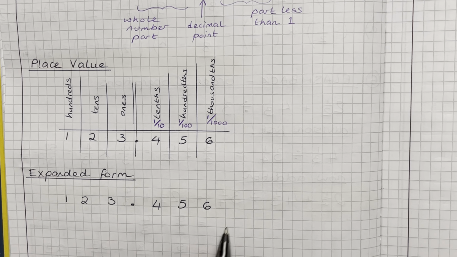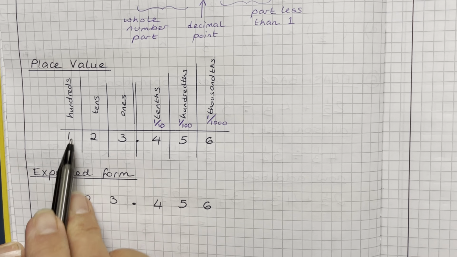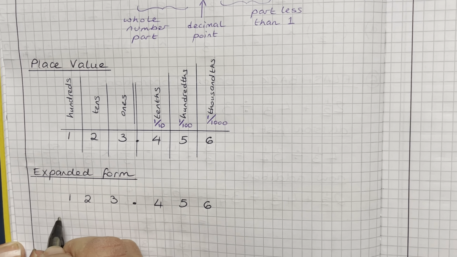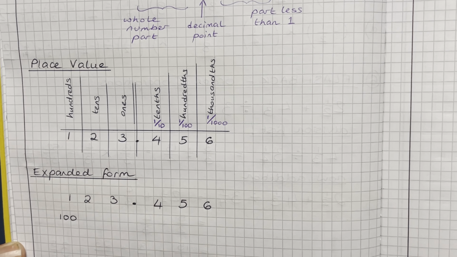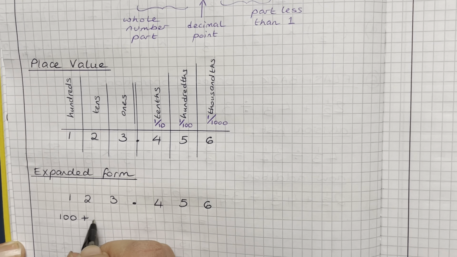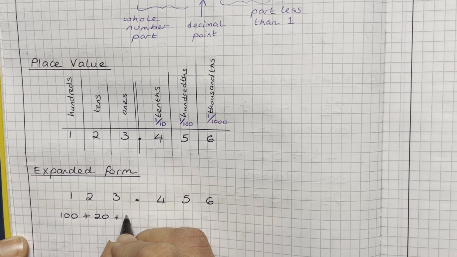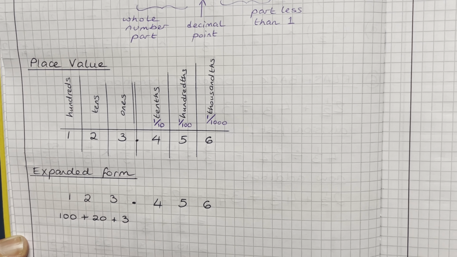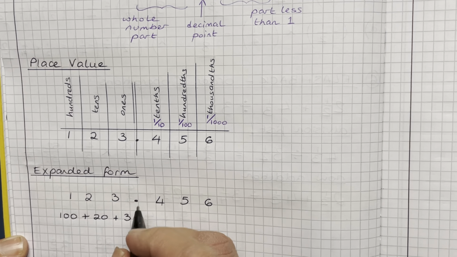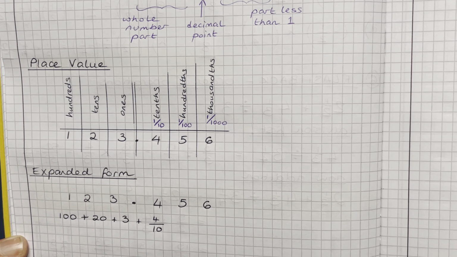So in expanded form, I've got 1 in the hundreds column, as we know from our place value table. So I've got 100. I've got 2 in my tens column, so I've got 20. I've got 3 in my ones column, so that's just plus 3. I've then got 4 in my tenths column, so I'm adding 4 tenths.